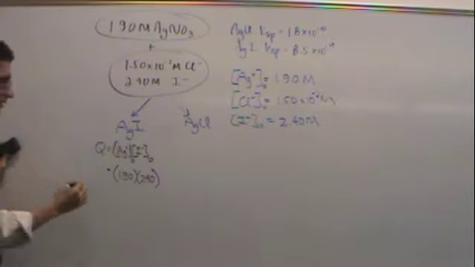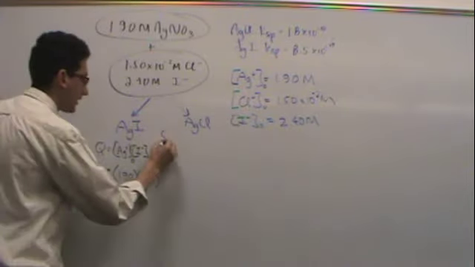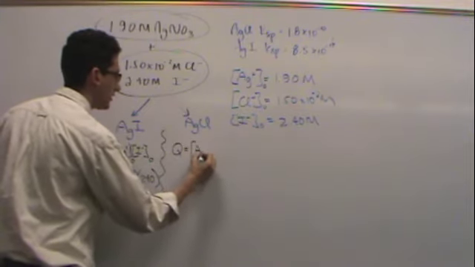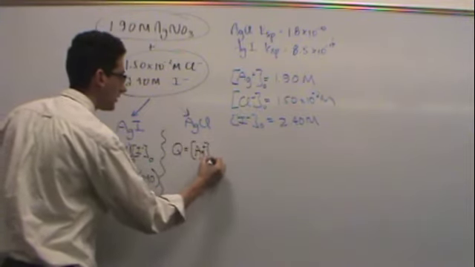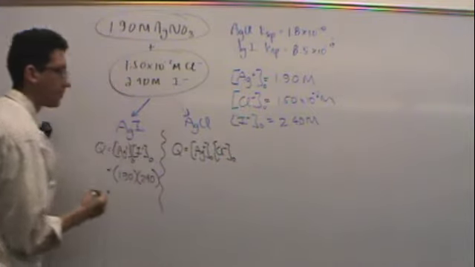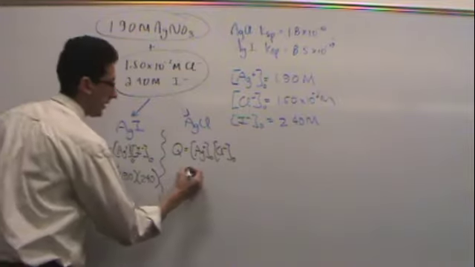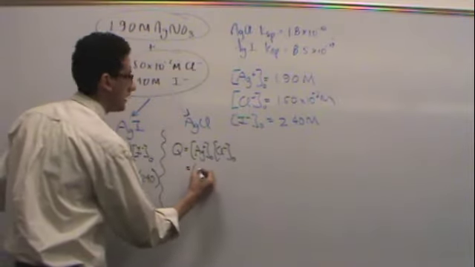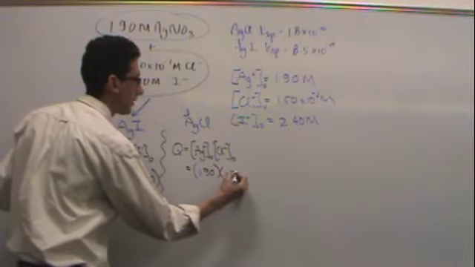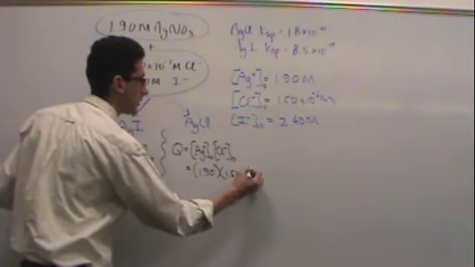Like that. And we'll need that answer in just a second. And then for the other side, it'd be Q of the AgCl, and the Ag is 1.9, that's the silver, the chloride is 1.5 times 10 to the minus 2.